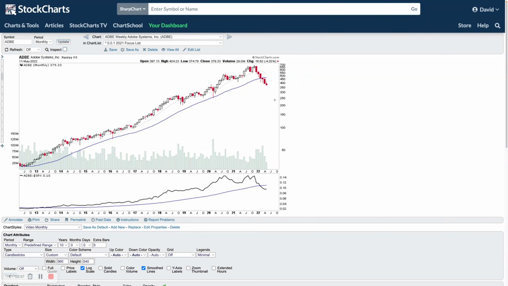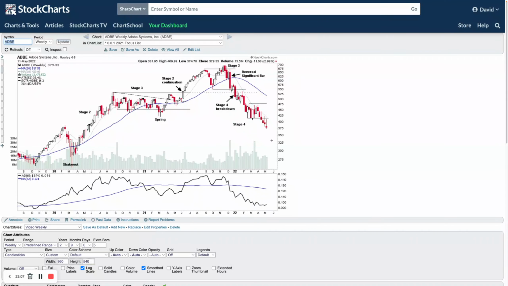But at the moment, this one, after such a great move for the last 7 or 8 years or so, has moved into a monthly stage 3 now, but obviously deep into a stage 4 decline on the weekly chart now.